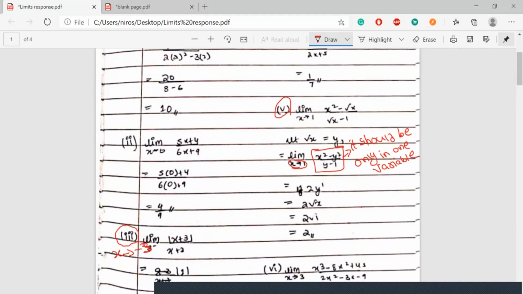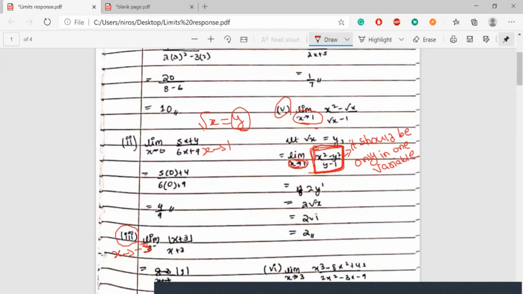One thing is, whenever you assume that root x equals y, all variables should be in y itself. There should not be x. When here you have written x tending to 1, you assumed root x equals y.